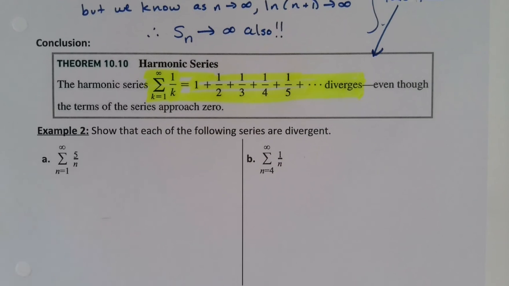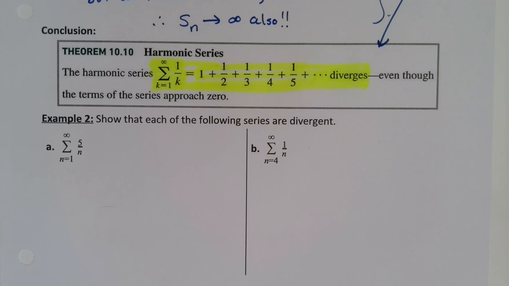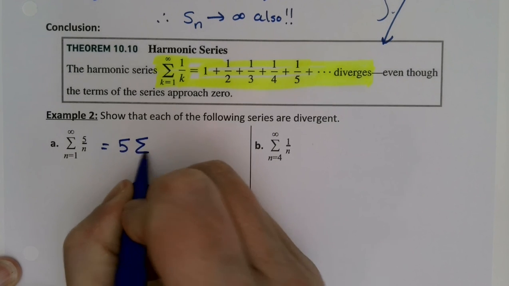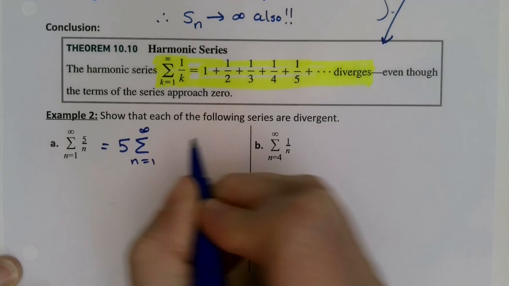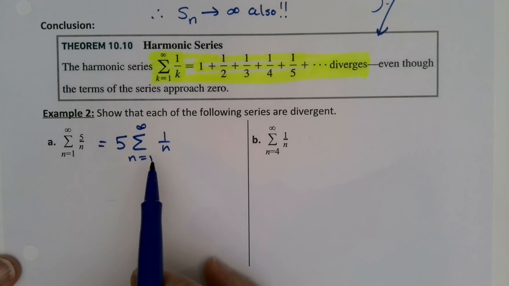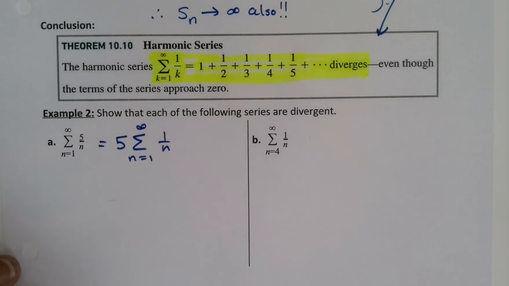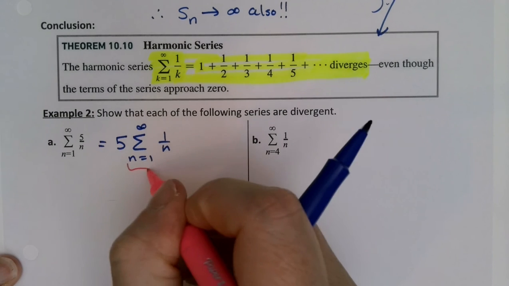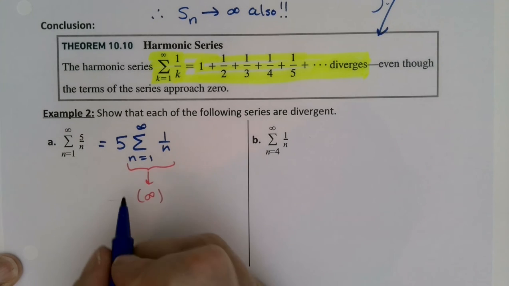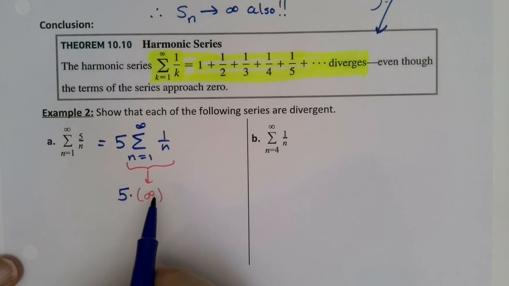Now, what does that mean for these other ones? Well, this is 5 times 1 over n. So this is 5 times the series from n equals 1 to infinity. Since this part diverges and goes to infinity, guess what 5 times infinity is?